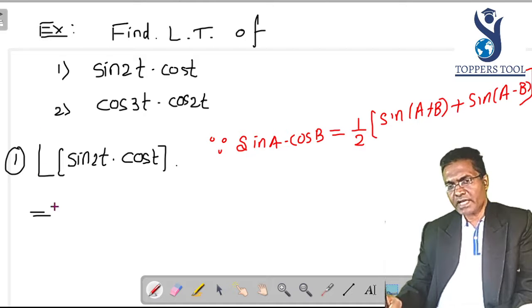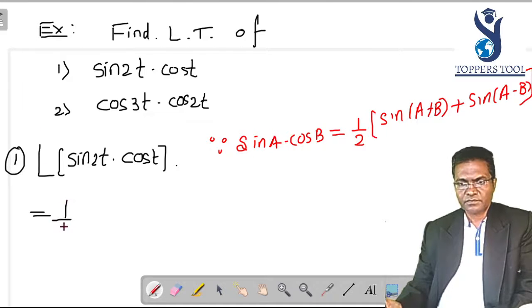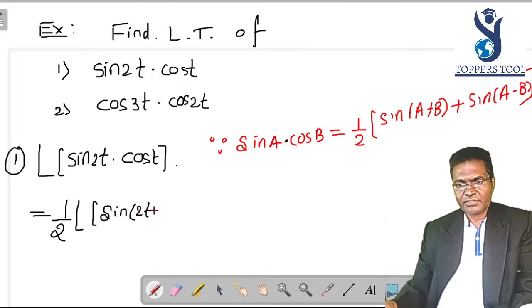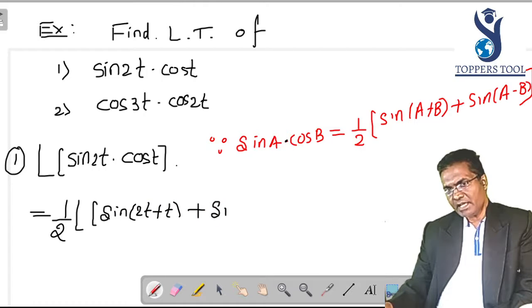So if you use that, 1 by 2 outside, L of, okay, A is 2t, B is t here. So what will we get? Sine of A plus B, that is 2t plus t, plus sine of A minus B, 2t minus t.